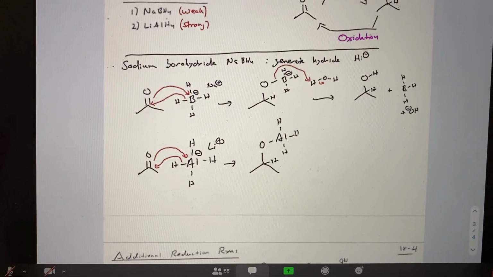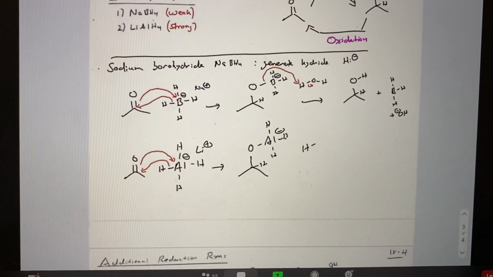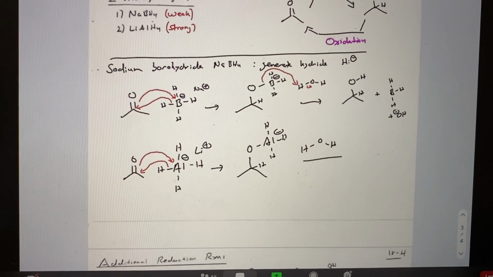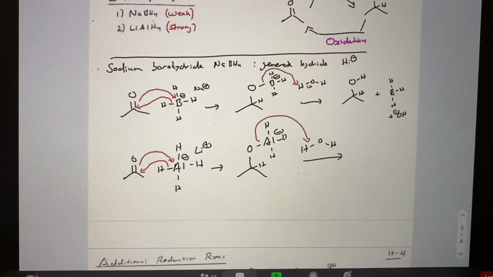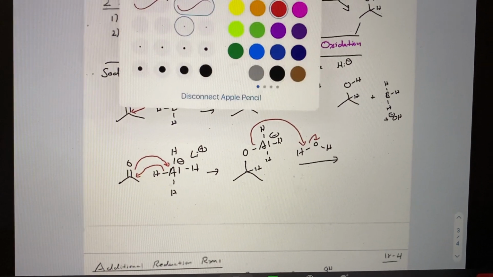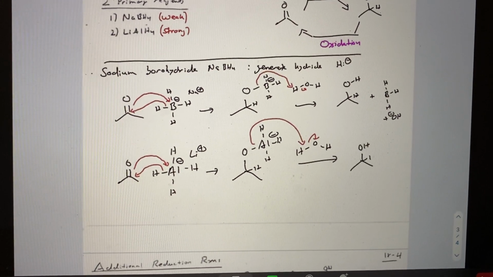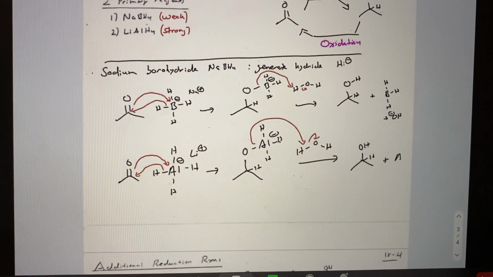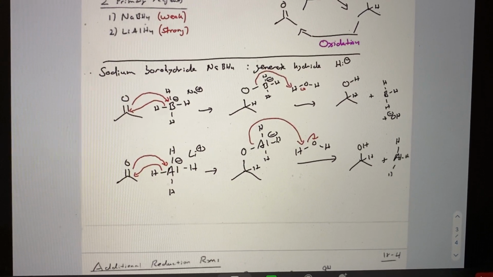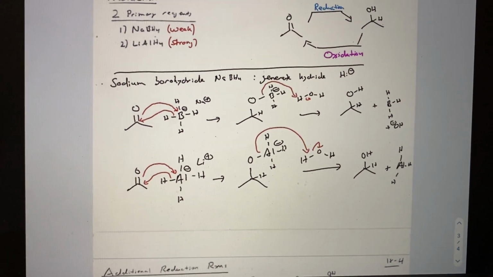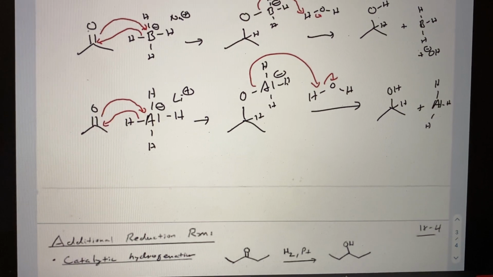So we have this species here, with a negative charge on the aluminum, and then we protonate to give us the alcohol. I'll show the hydrogen that's there, and we'll end up with this. So those are the two common reducing agents.